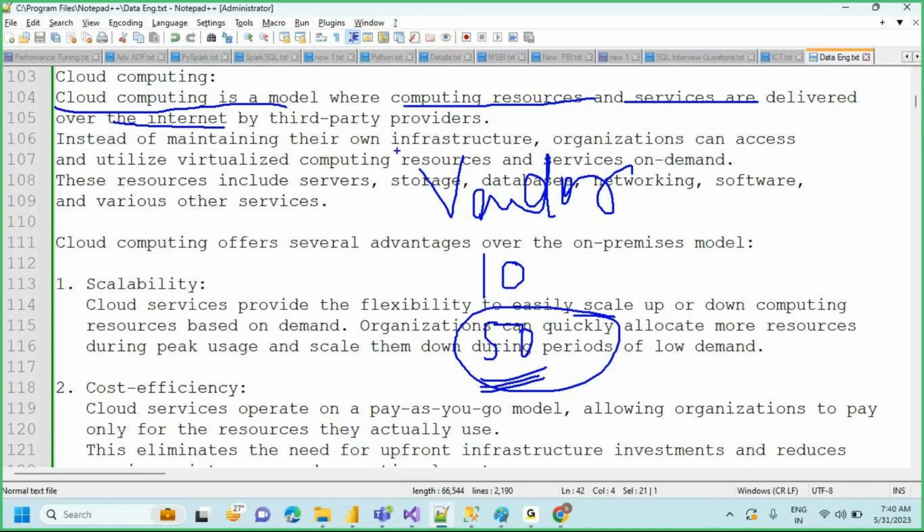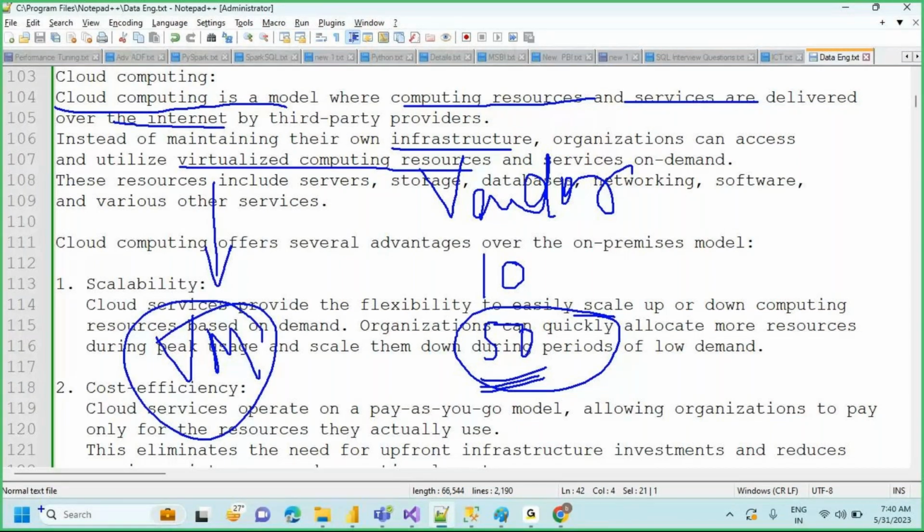So instead of maintaining our own infrastructure, organizations can access and utilize virtualized computing resources, that means virtual machines. You can take a VM from the cloud and use that virtual machine. We don't need to concentrate on the infrastructure, as that will be taken care of by the vendor.